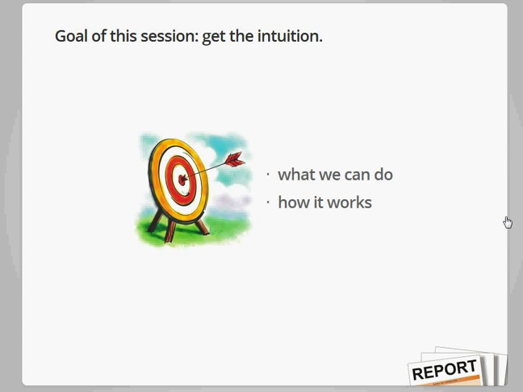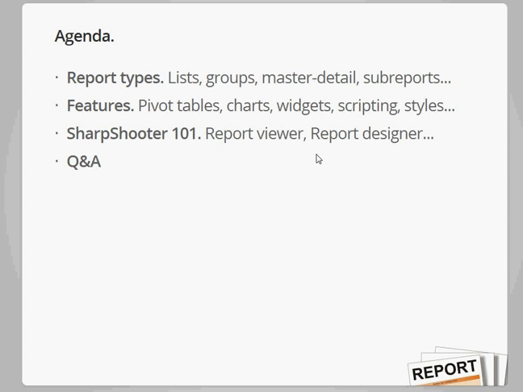The agenda to get this intuition is to first look at report types. We'll have a look at different lists, groups and master-details, all those different kinds of reports that are possible to create in SharpShooter. Then we'll look into features, those individual features which can be put into any of those report types.